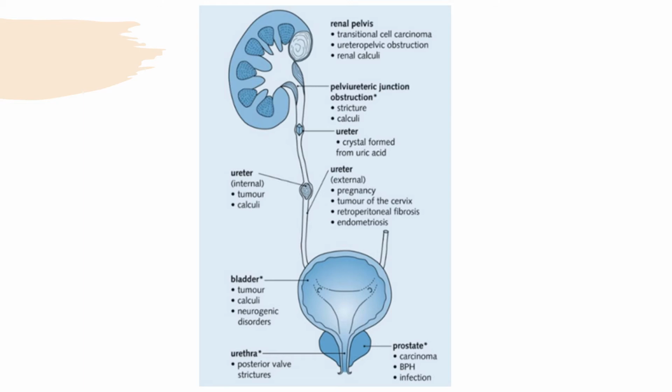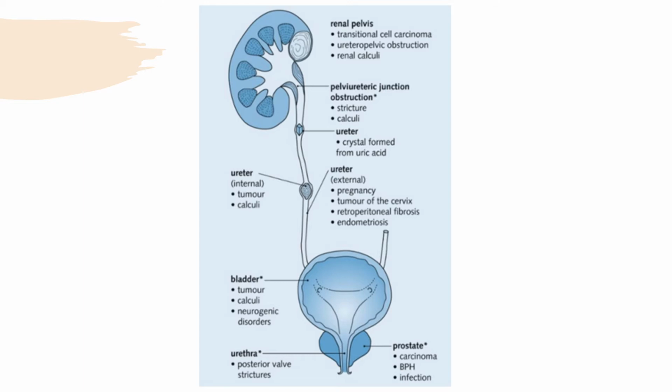And of course, renal calculi, so renal stones. And it's pointing here, if you go below, pelvic ureteral junction obstruction. So there could be a stricture, which is more anatomical, and then we can have a stone as well. We move down to the ureter itself, and here's a stone right within the ureter causing obstruction.